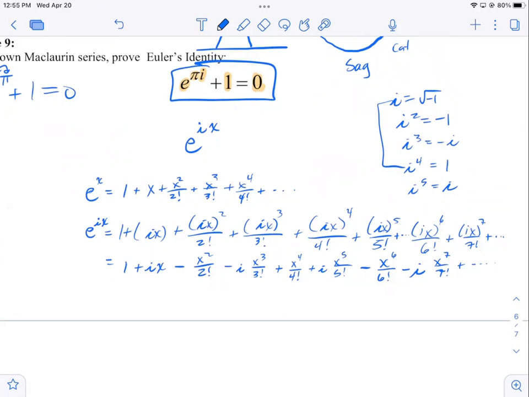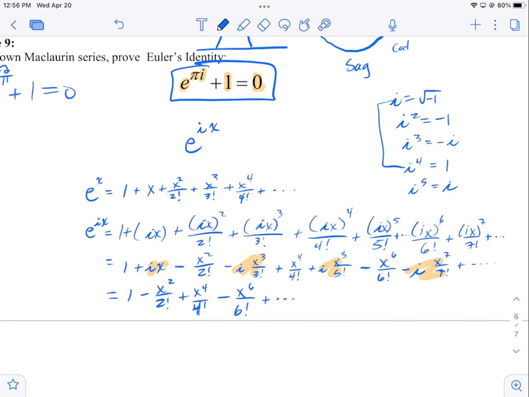So here's what we're going to do. We're going to separate the i terms from the non-i terms. Let's write the ones I didn't highlight first: 1 minus x squared over 2 factorial plus x to the 4th over 4 factorial minus x to the 6th over 6 factorial plus yada, yada, yada.